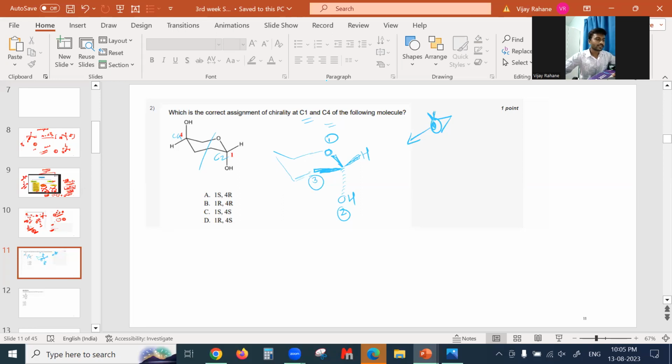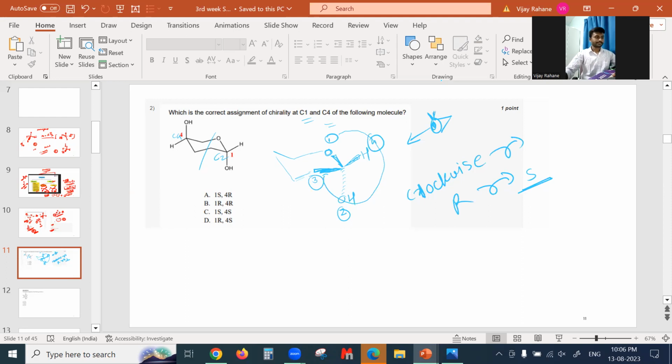So this oxygen which is on the right side will be on the right hand side, this will be on the left hand side, and this is on the bottom. So we move, and if we check, this will be clockwise, right? But we are looking from the hydrogen side, that is the fourth priority group. So we need to invert the configuration, that is R, we need to change it to S.